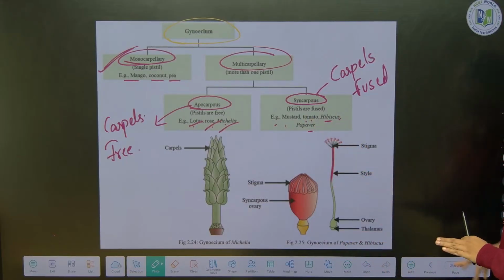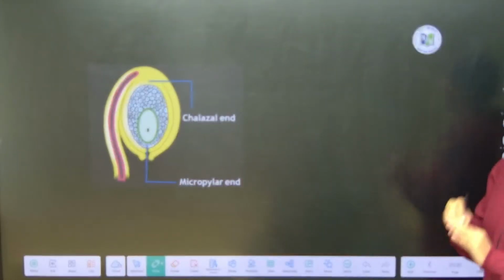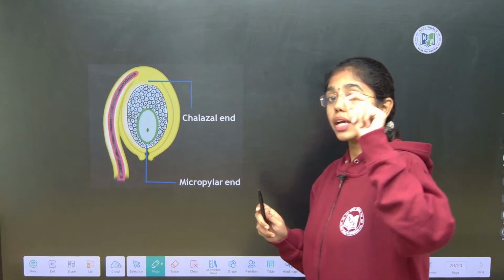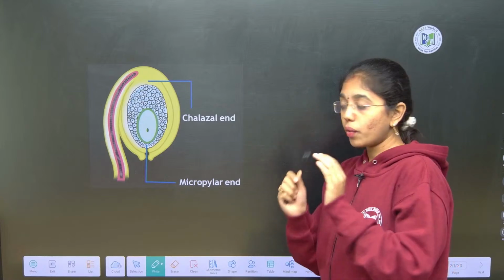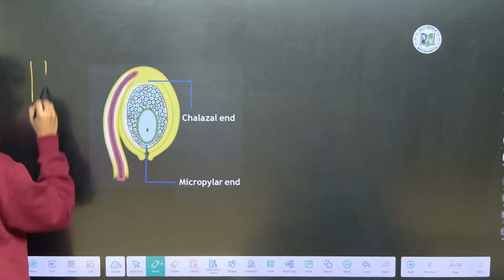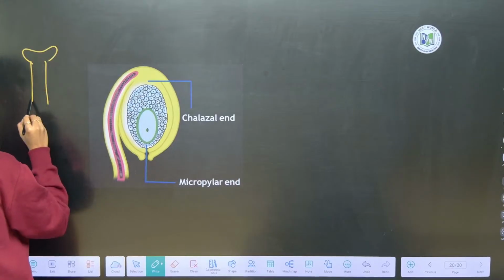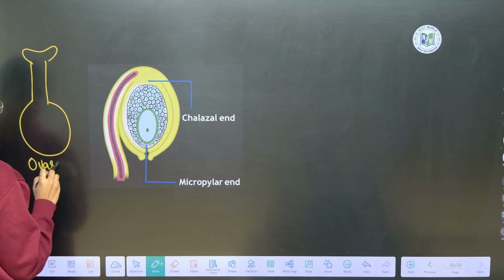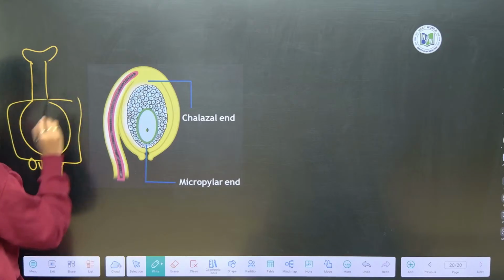Clear till here, ma? Now at last we have to observe the structure of ovule which is present inside the ovary, the basal bulged portion. So this is the pistil and the basal bulged portion is ovary. So this ovary consists of what? Ovules.